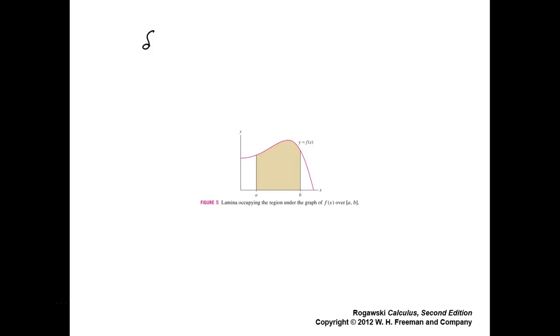Obviously it looks like it's going south of this, but you see we're not going that far, okay? So we're just considering that plate there. A lamina occupying the region under the graph of f of x over a to b, okay? And you want f of x to always stay positive, okay?